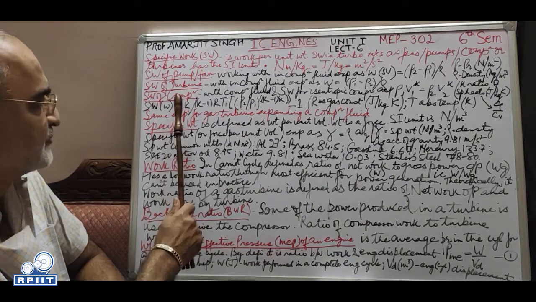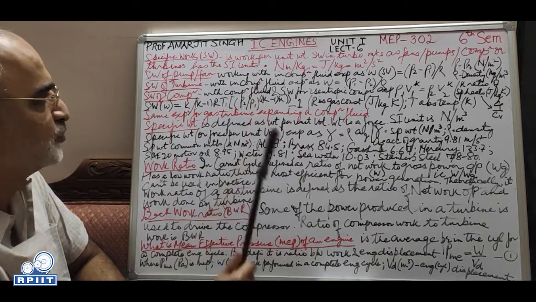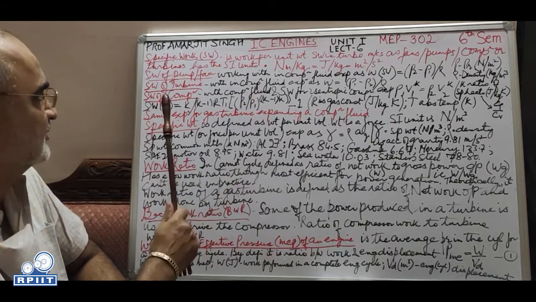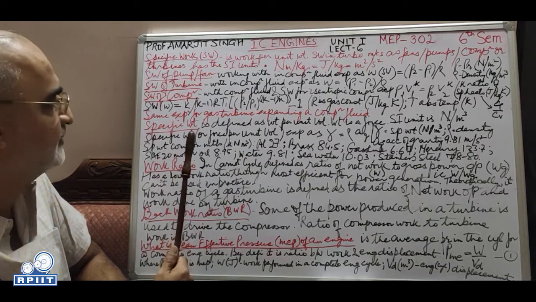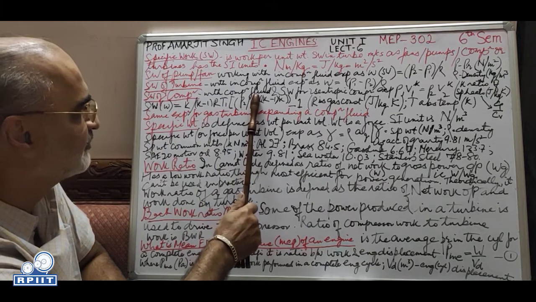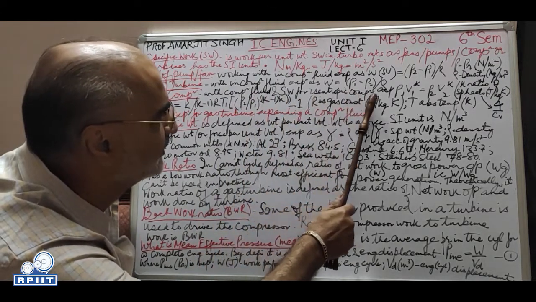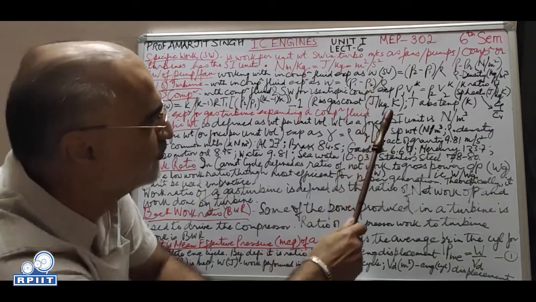Specific work of a compressor with compressible fluid. In these two cases, it was incompressible fluid, and the work of a compressor is to compress the fluid, whatever is inside. With compressible fluid, the specific work for an isentropic compressor can be expressed as K by K minus 1 times (P2 V2 minus P1 V1).